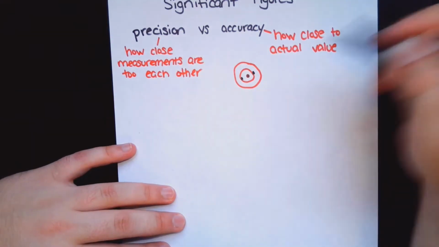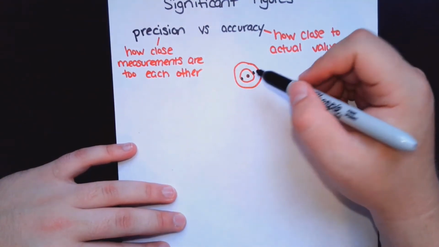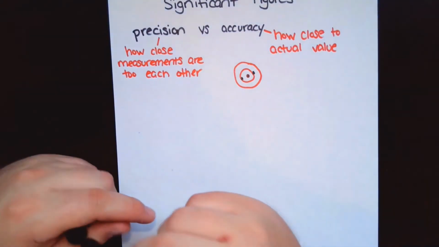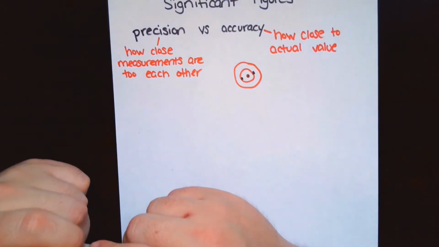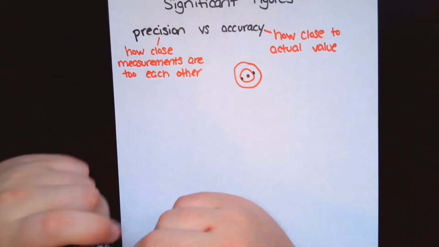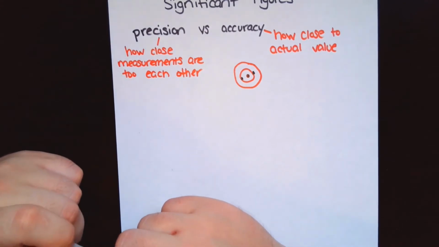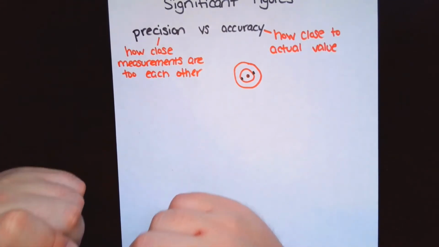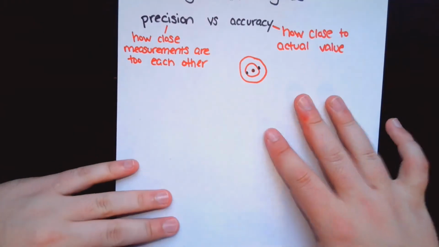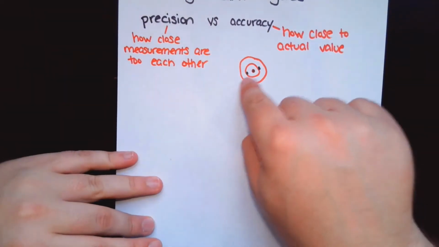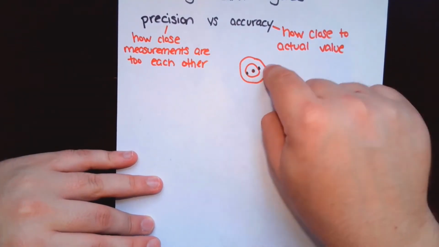Well, the average position of those would actually fall right on the bullseye. So the average position is extremely accurate. You hit your mark. However, none of them really hit the same part of the dartboard.